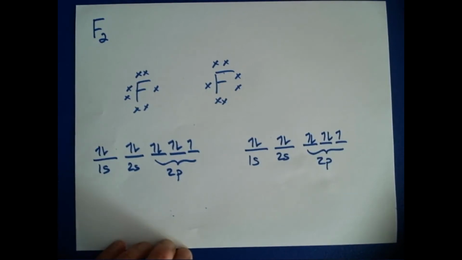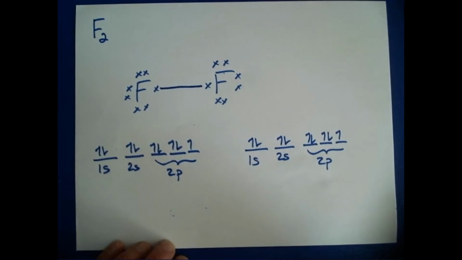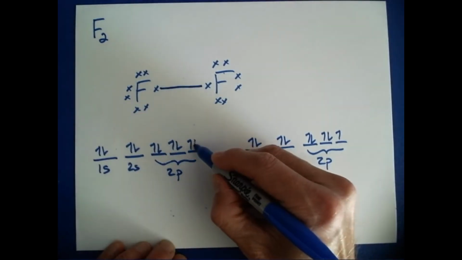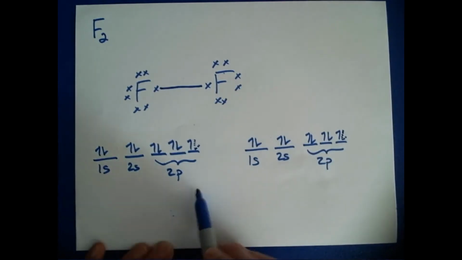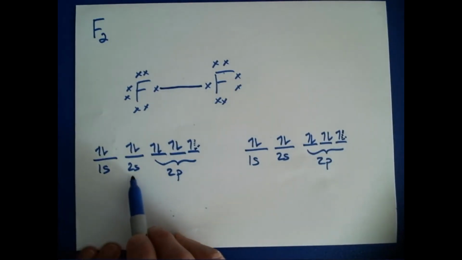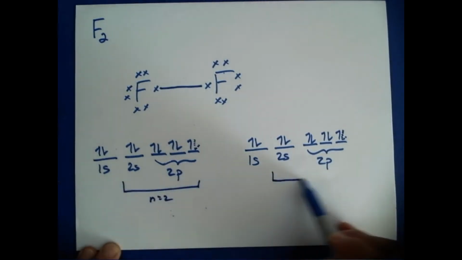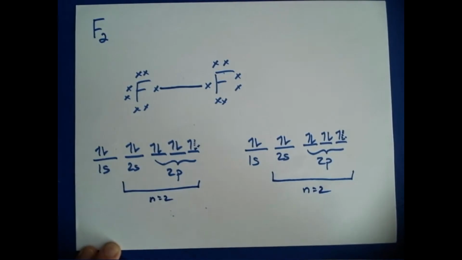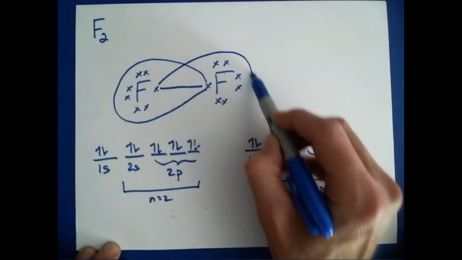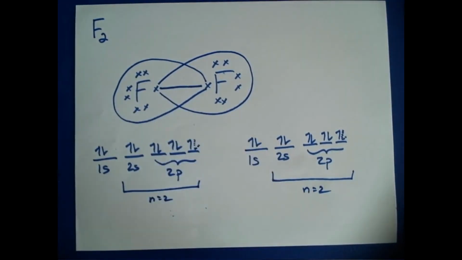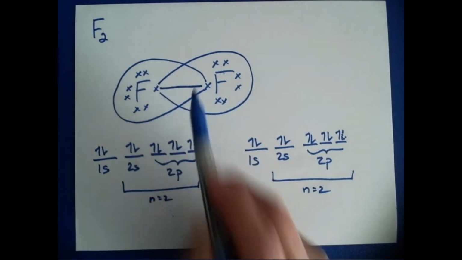And we see if these two atoms share electrons, we can then make it look like that entire second shell, because the second shell only contains the 2s and the 2p, the entire n equals 2 shell is full. And therefore, this particular fluorine atom and this particular fluorine atom both, in a sense, feel satisfied, and they are connected by this single chemical bond.